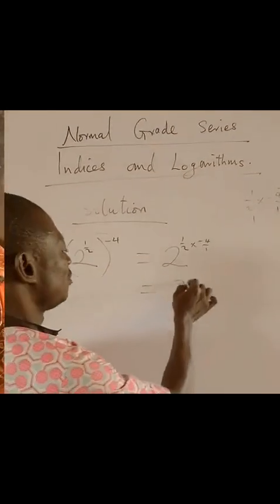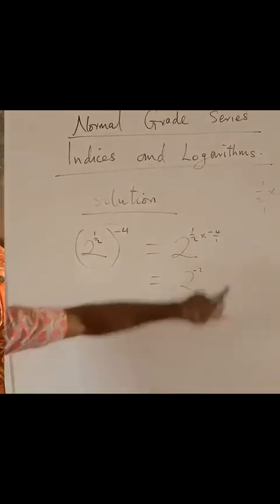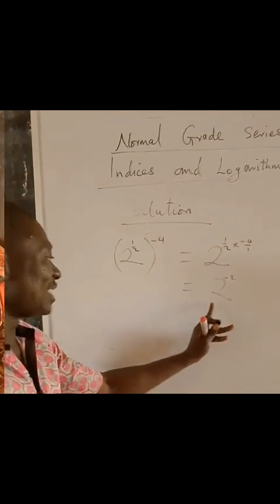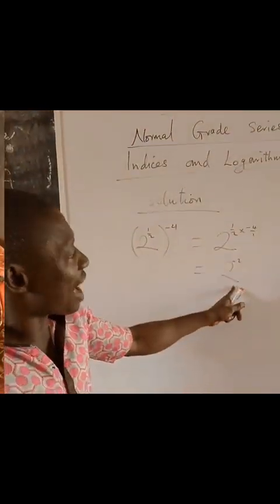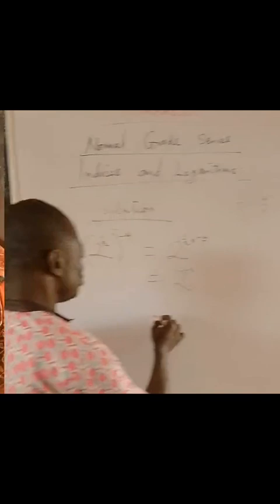So we are going to have 2 raised to the power minus 2. The whole of the indices here has given us minus 2. Now we remember that we have to apply what is given to us in the formal law. So we must do it this way.